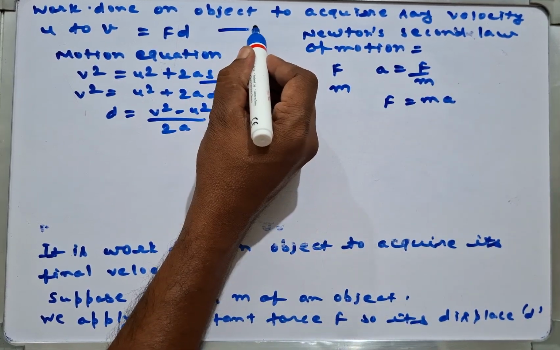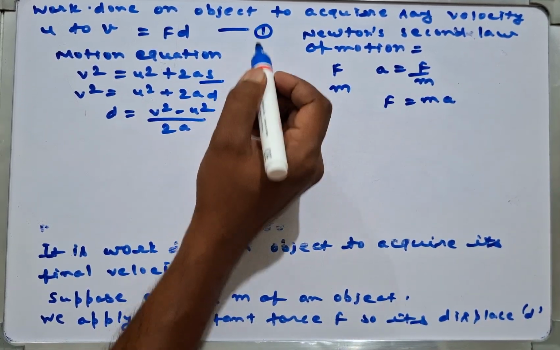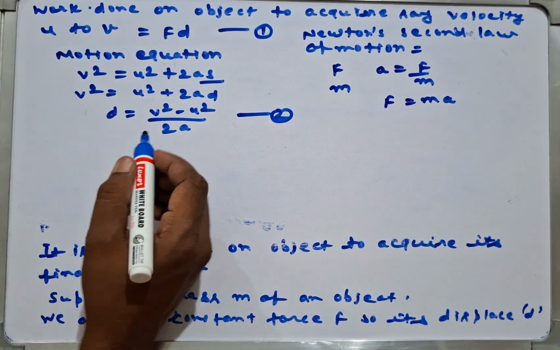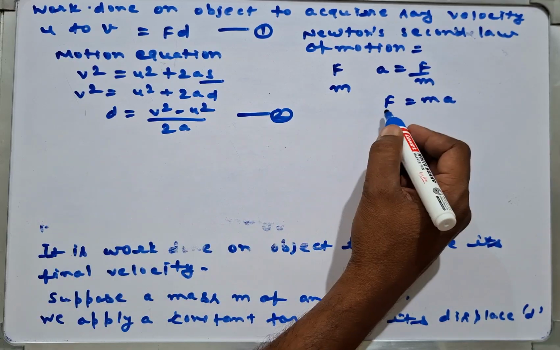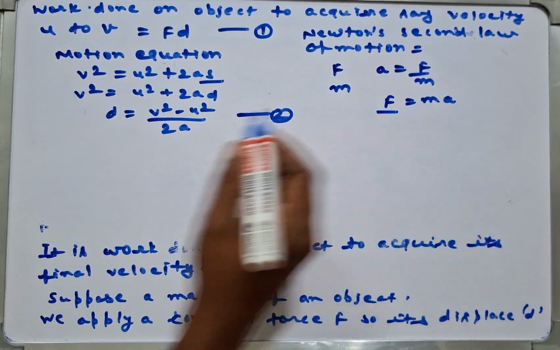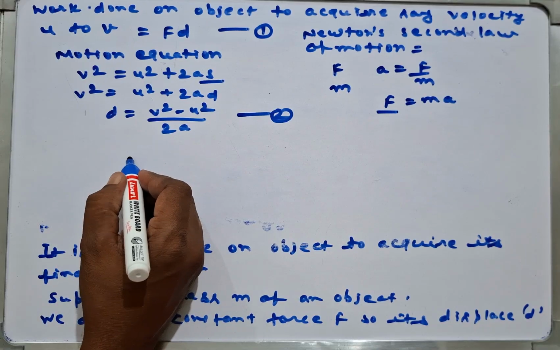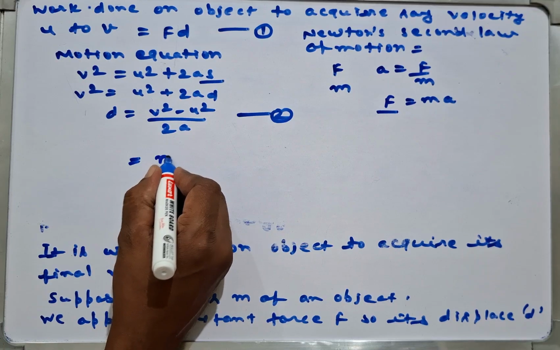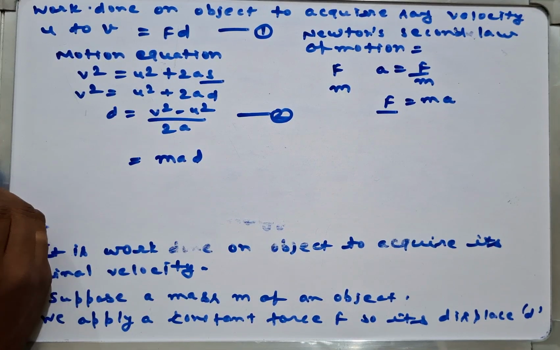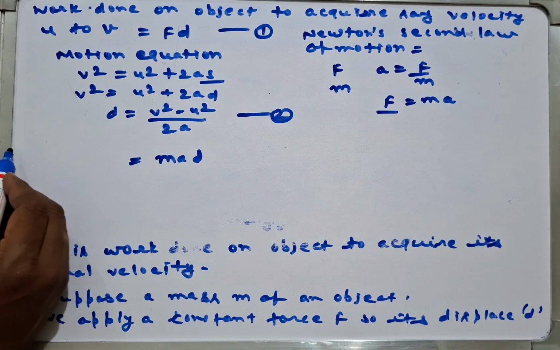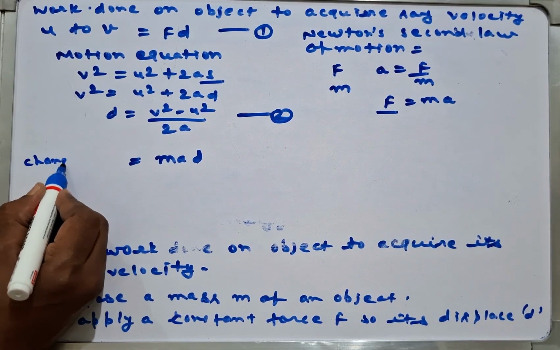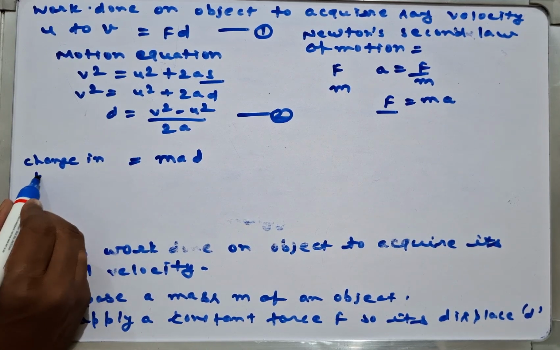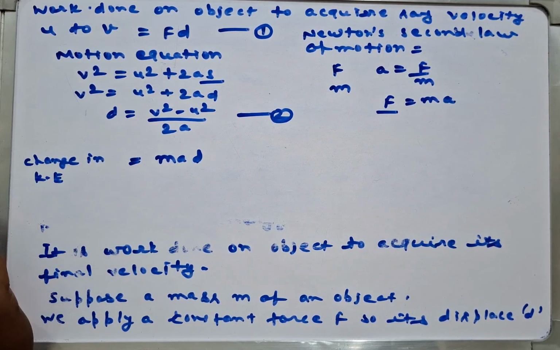Okay, if this one is equation 1 and this one is 2, so in equation 1 you can put the value of F, then this becomes ma into d, which is equivalent to the change in kinetic energy.